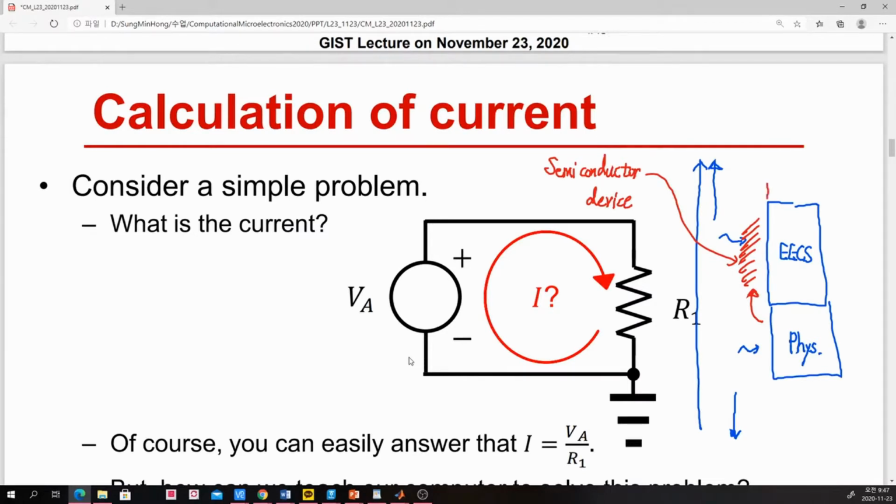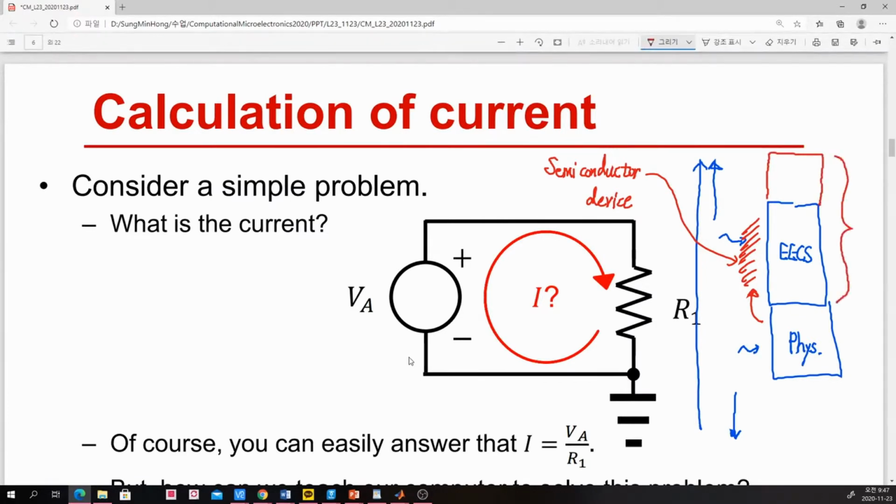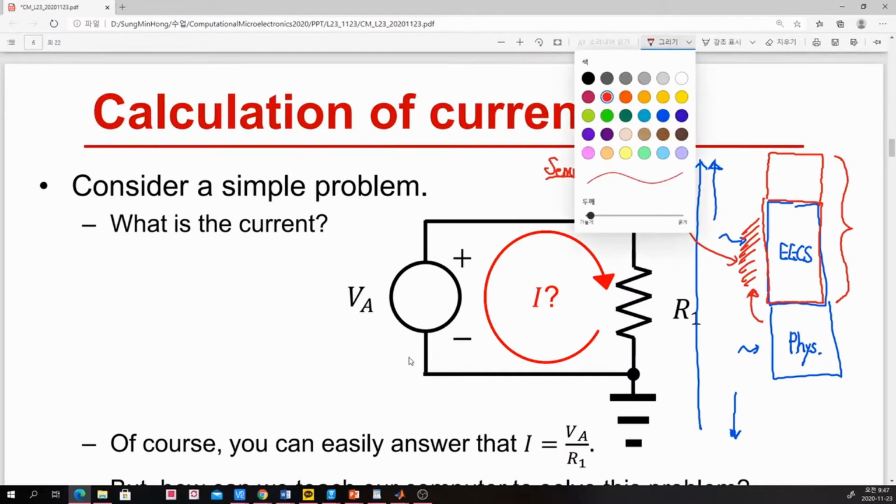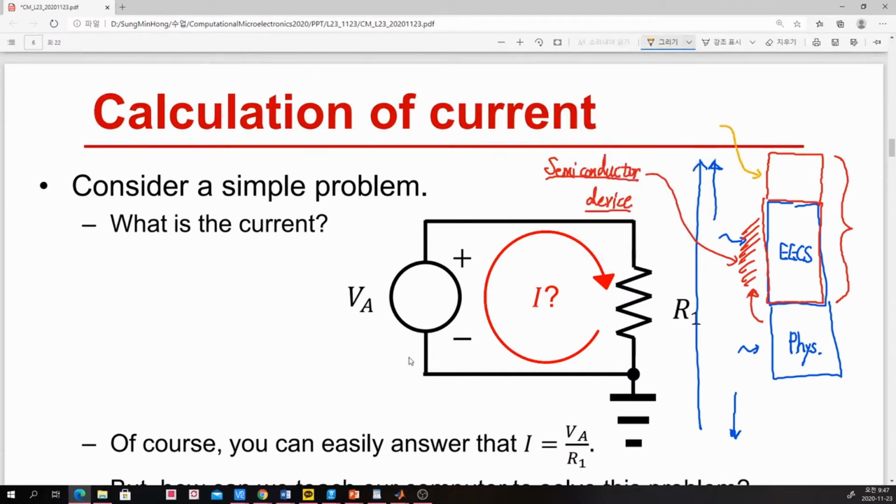So we are now talking about this part. Of course, the entire thing is the coverage over ECS, but here we have a little different one. Let's say that this is the coverage of semiconductor device research, and now we are talking about a certain field which is related with semiconductor circuit.